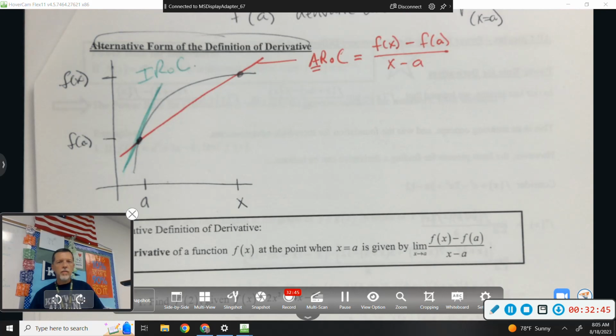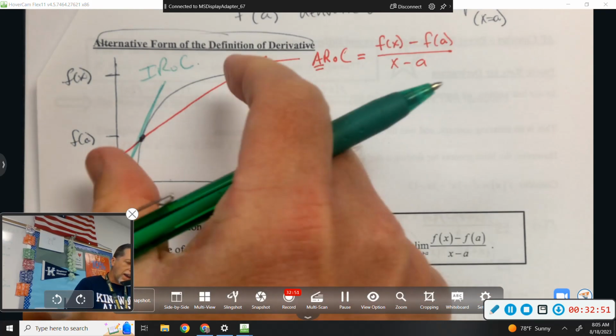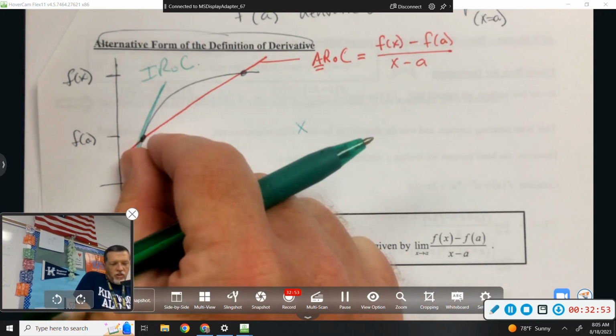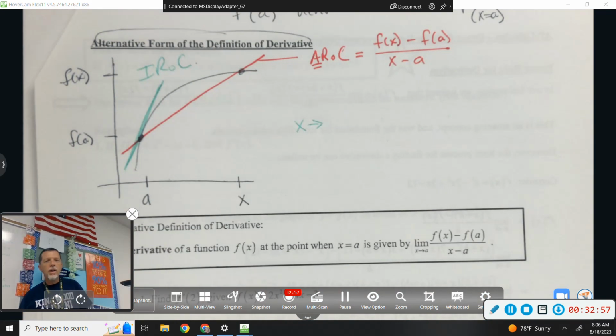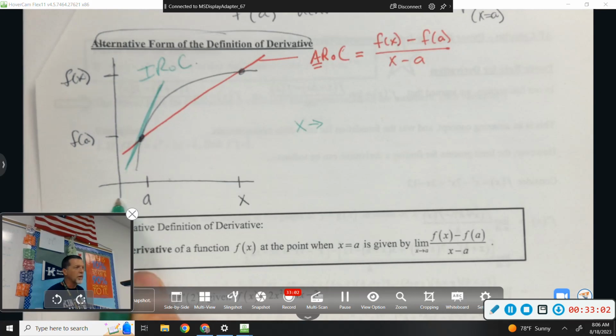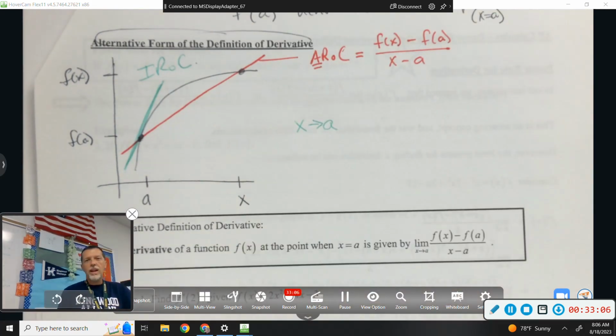So where do I need to move? Where does x need to go? If I want that difference to shrink down to 0, where should x head toward? I don't want it to head to 0 because that would put it all the way over here. Let's let it head toward a. And heading toward a, that's a limit thing.